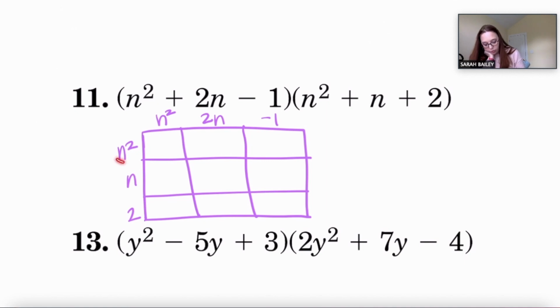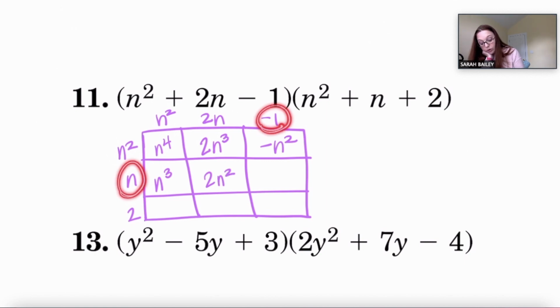So I'm going to start off with n squared times n squared, which would be n to the 4th, n squared times 2n, which is 2n cubed, n squared times negative 1 is negative n squared. Now I'm going to do n times n squared, which would be n cubed, n times 2n, 2n squared, n times negative 1, negative n.